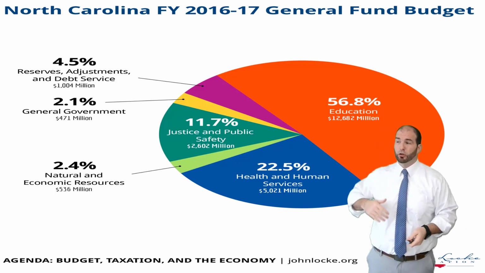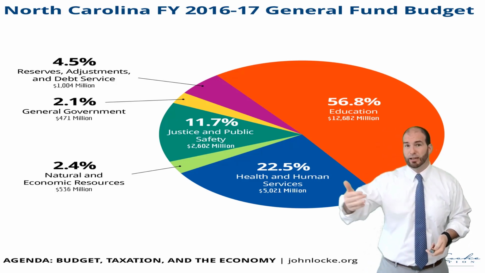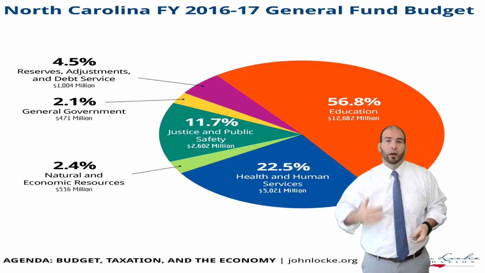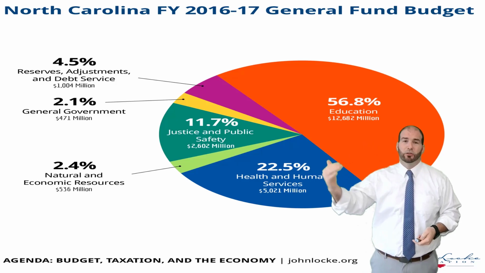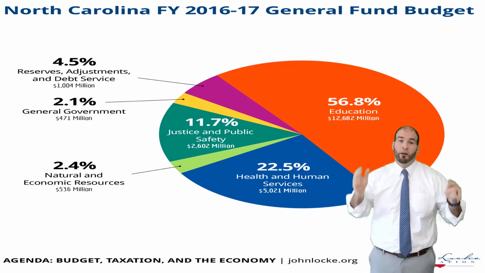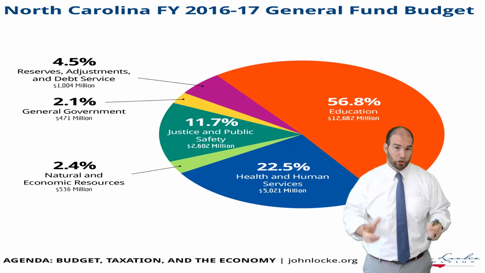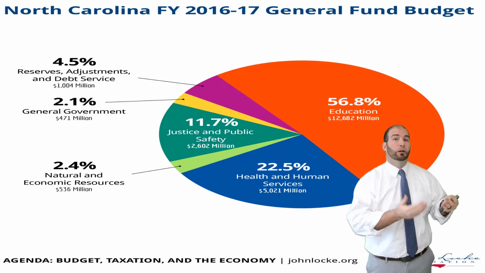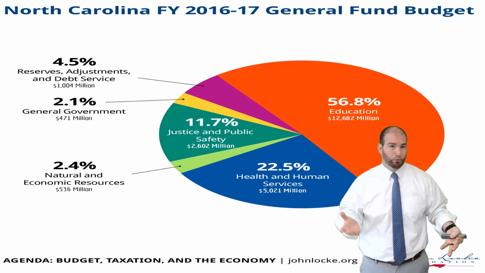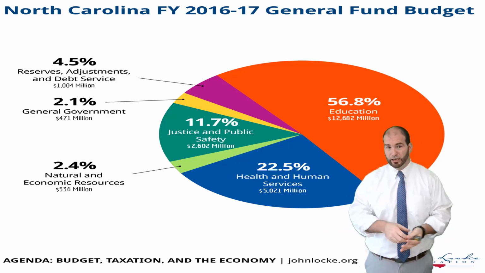So while the United States government spends a lot of taxes on the military, on Social Security, on Medicaid, and Medicare, and these other things, in North Carolina, as is the case with almost all states, the majority of the budget goes to education. Public schools are funded by the state, and it is usually the largest part of the budget in almost all states.